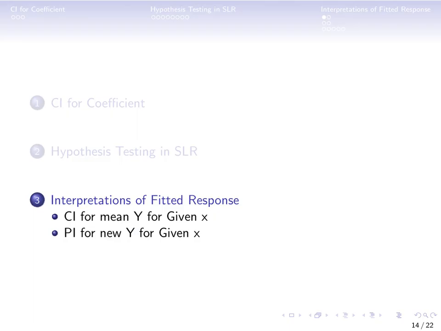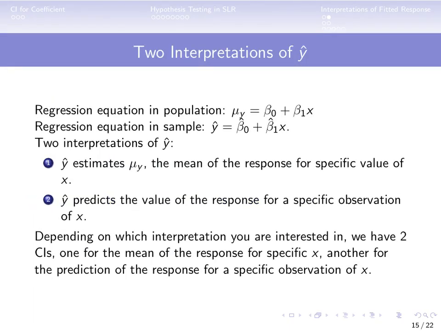Moving along, we'll talk about two more intervals that we see. The next two intervals are based on the two interpretations one could have of y hat. This is the regression equation for the population, and that's the regression equation for the sample. There are two potential interpretations of y hat. You could say that y hat estimates mu y, which is the mean of the response for a specific value of x.